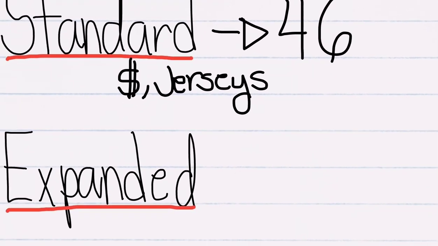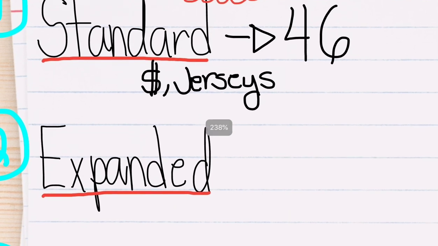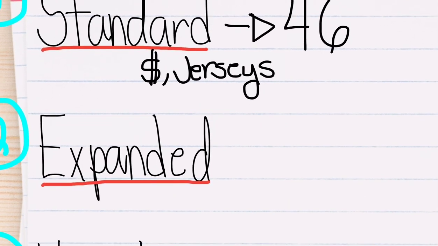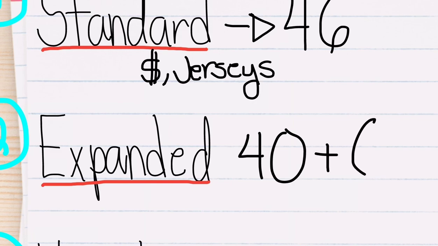Now, expanded form is where you break down that 46 by each of its place values. So if I have the number 46, that means there's a 4 in the tens place, which means that 4 is worth 40, and there is a 6 in the ones place.